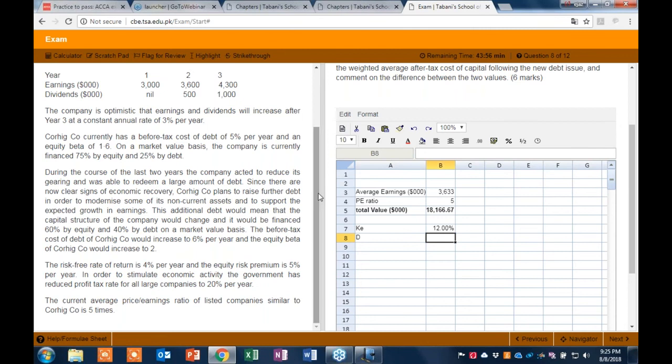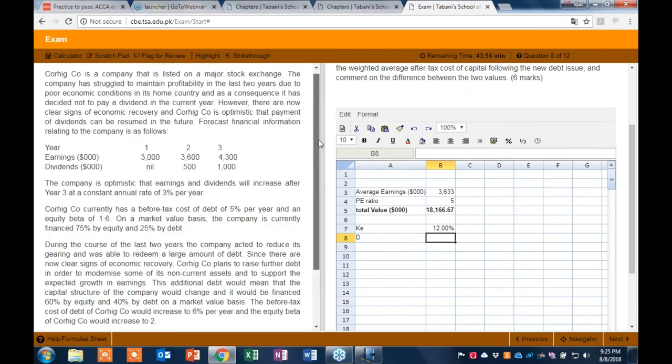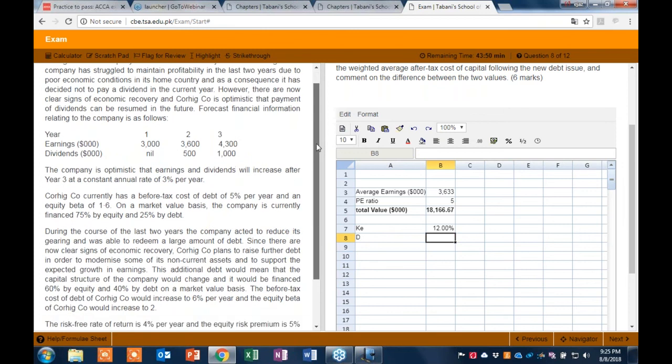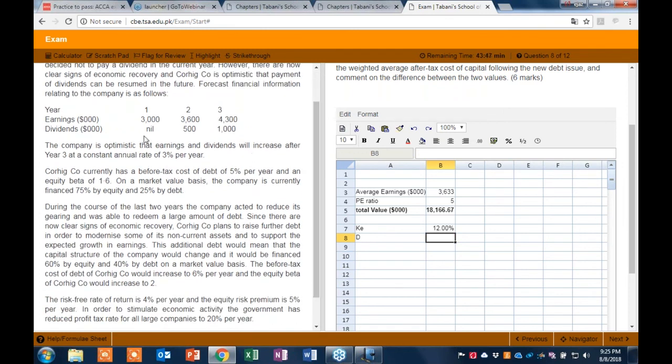So what's the latest dividend paid? Since we only have 5 minutes left, and according to this question, we don't have constant dividends.